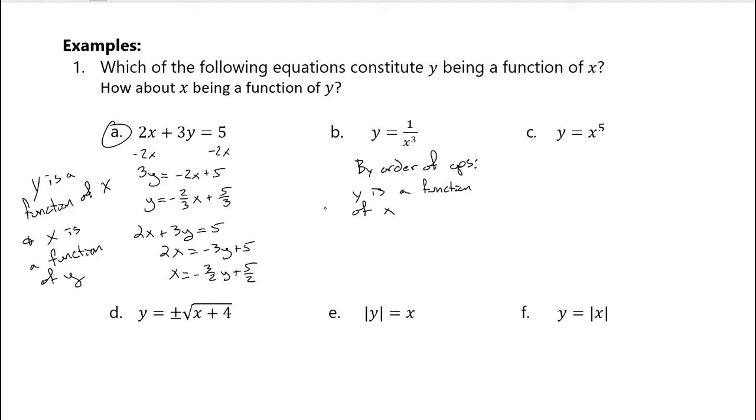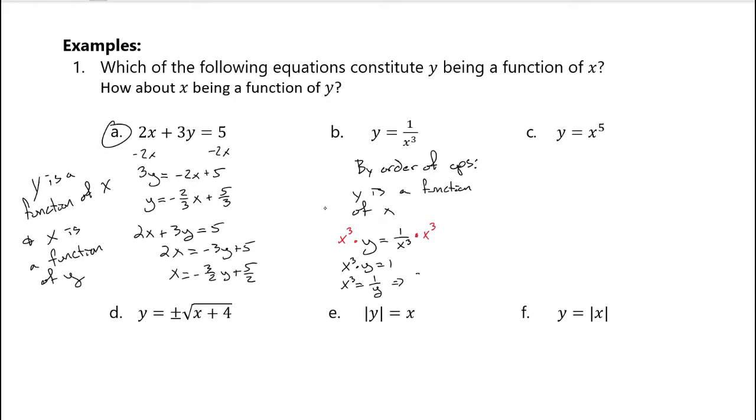And every time we solved for x, I'm going to do that. I'm going to solve for x in general. I'll multiply both sides by x cubed. I'll get x cubed times y equals 1. We can divide by y and get x cubed equals 1 over y.